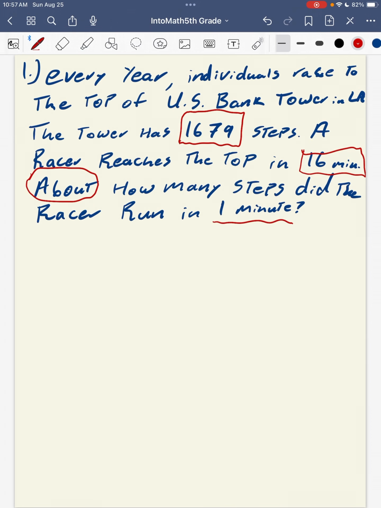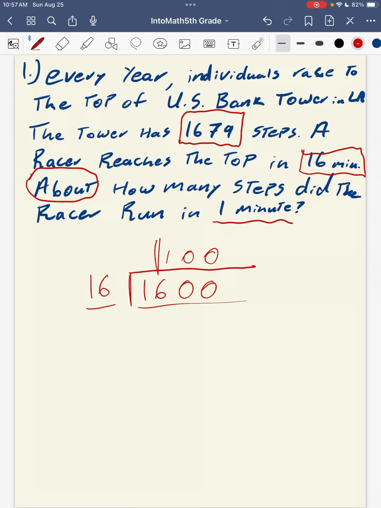Our keyword about means that we're going to estimate, which here I see that I have 16 minutes and that I can round or use a comparable number of 1,600. If I use a comparable number of 1,600, I find that there are approximately 100 steps for each minute.